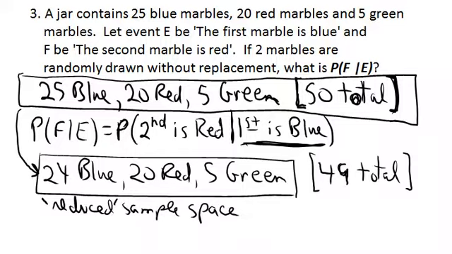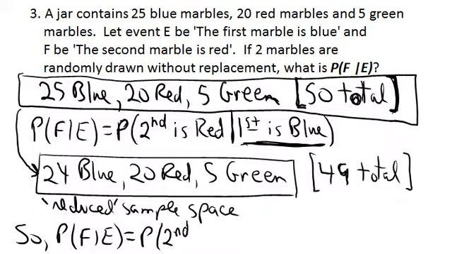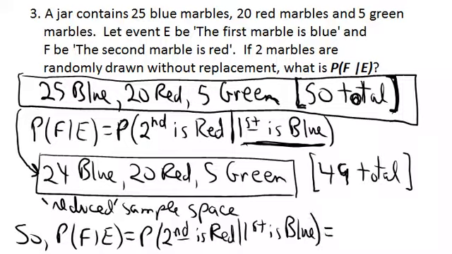So I'm really home free now. The probability of F given E, which again, as I said earlier, is the probability that the second one is red given that the first one is blue, is simply the number of reds over the number in the reduced sample space.